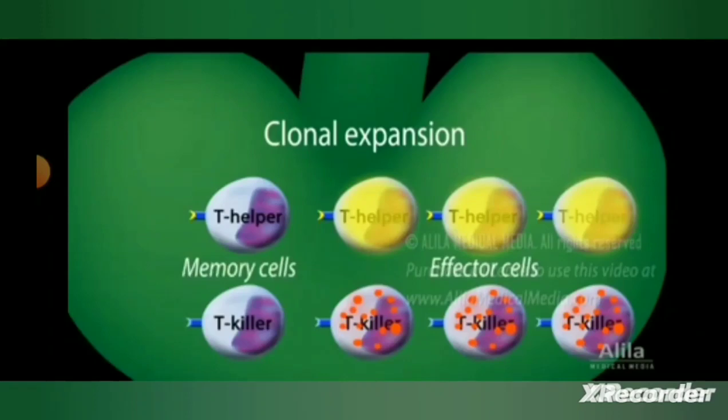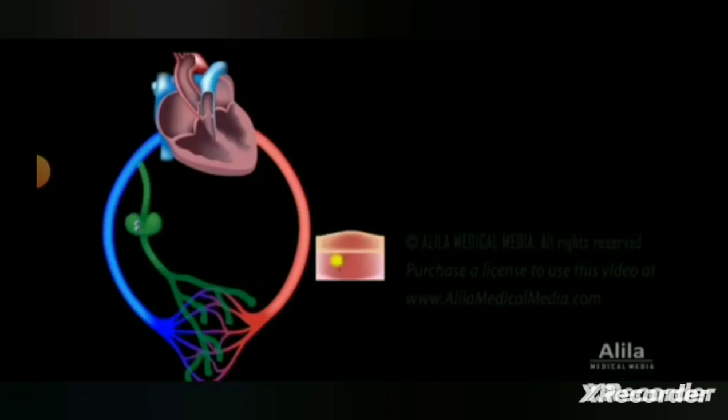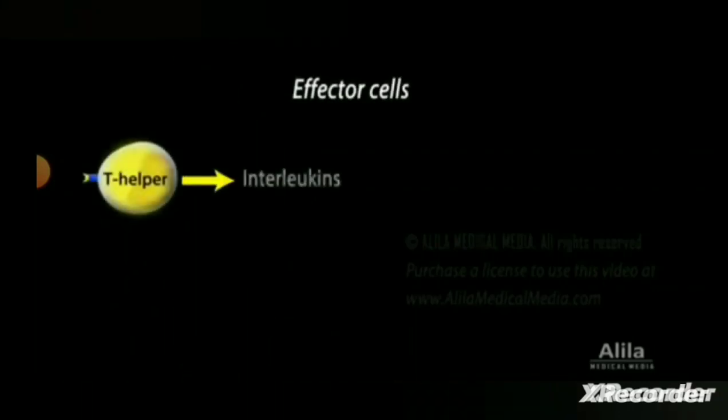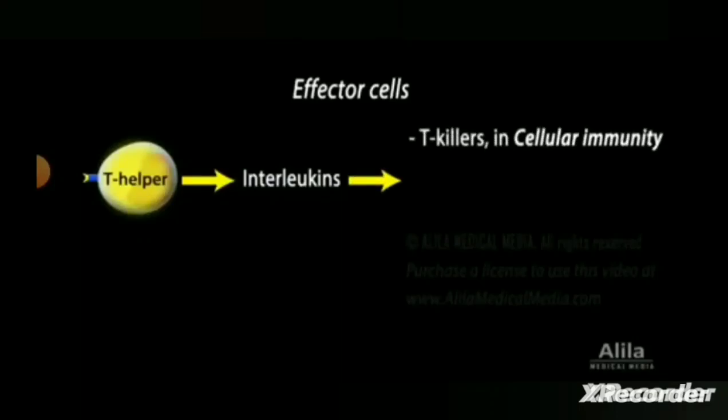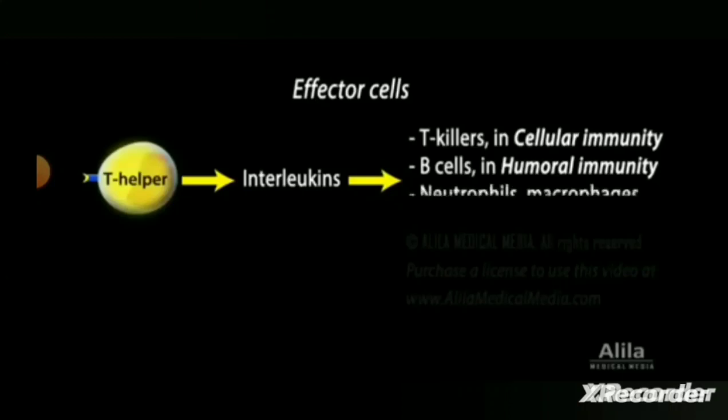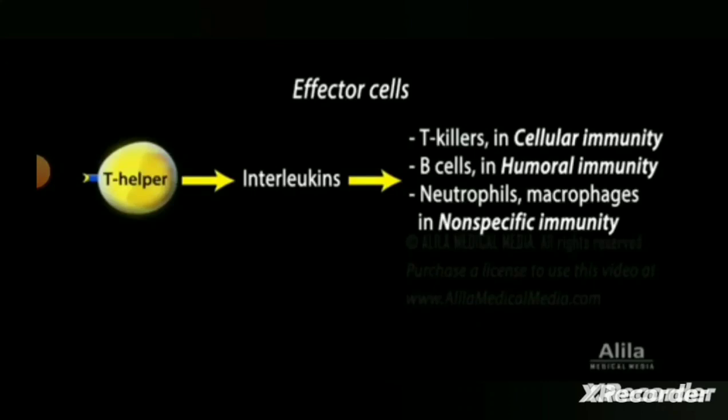Most effector cells leave the lymph nodes through blood vessels and migrate to the site of infection where they attack the pathogen. Helper T cells produce interleukin, which leads to activation of T killer cells, B cells and other cells of the immune system which have diverse functions.